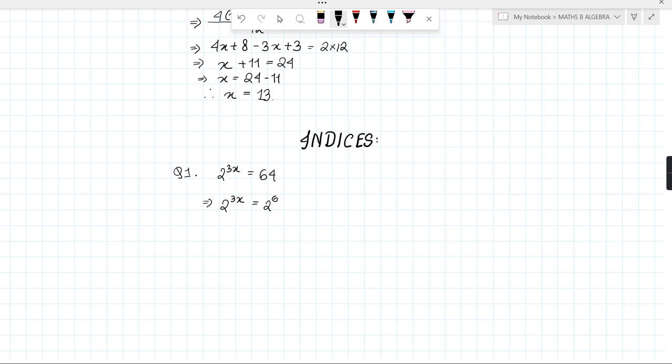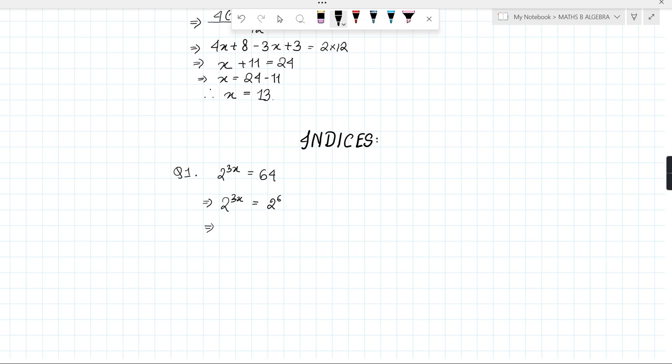Now the two bases of the equation are equal, so you can cancel out the two bases. You do not need to draw these lines or show that in your maths copy. So you can just write 2 to the power 6.